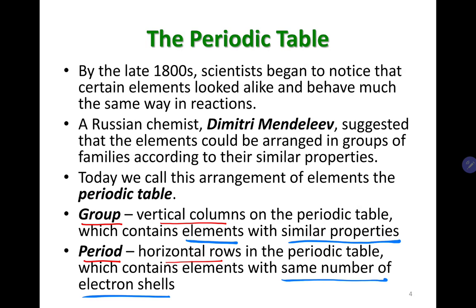Don't worry about the electron shells yet, because we will talk about them in more detail later on. For now, just remember that vertical columns are known as groups and horizontal rows are known as periods, and by using the group numbers and period numbers you can identify each and every element very easily.